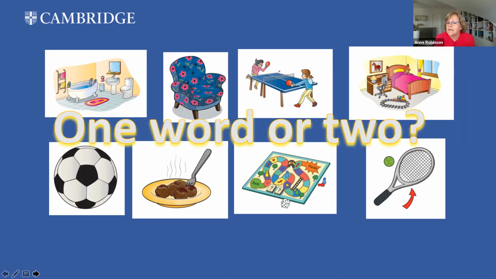Okay, so at this point, a useful thing to get your students to notice and to remember and to think about when they're writing the words is, do we write them as 1 word or 2 words? So which of the words there are 1 word?